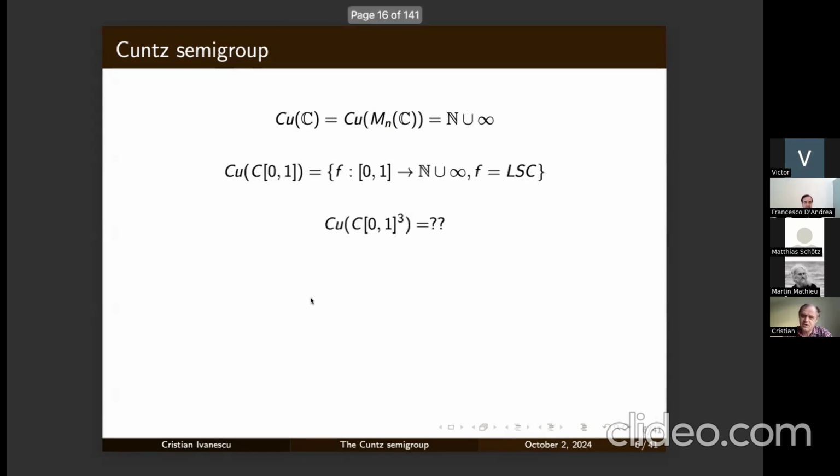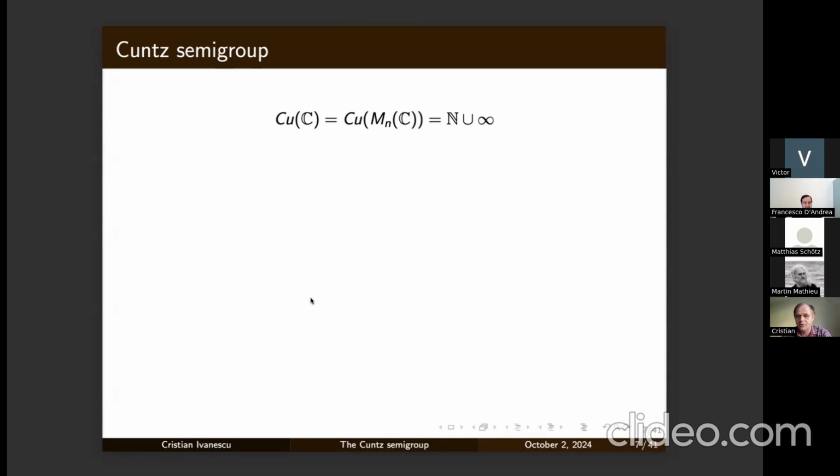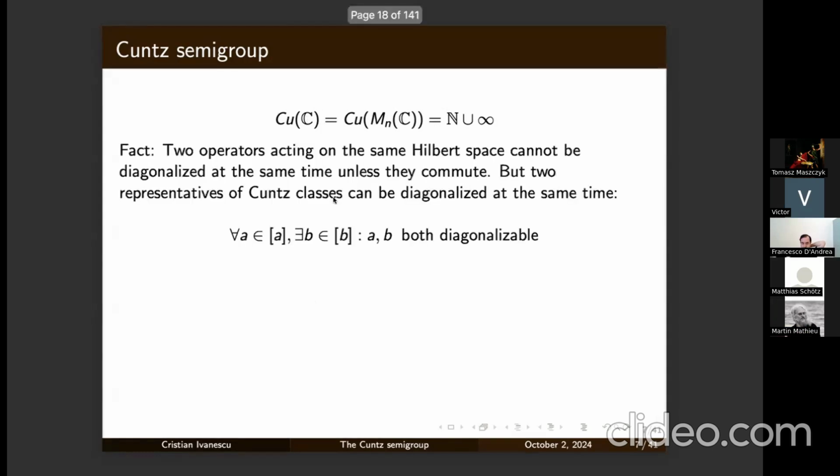So first, let me say a few words about how we obtain this, because I think there are important facts that are being used. If I want to describe a little bit how we calculate the Cuntz semigroup of the complex numbers, or Mn of C, what we use is a fact which likely you have seen before, I hope.